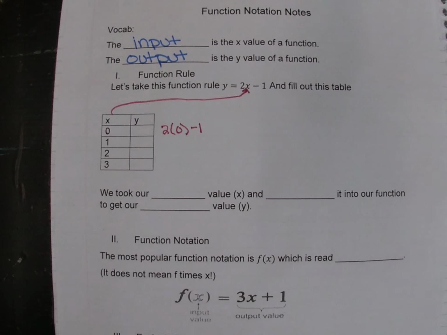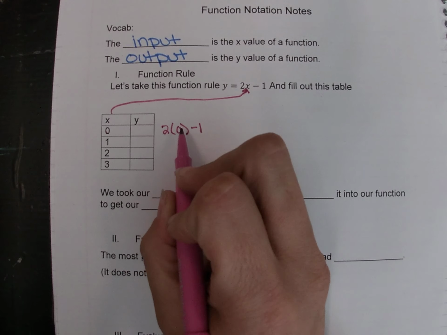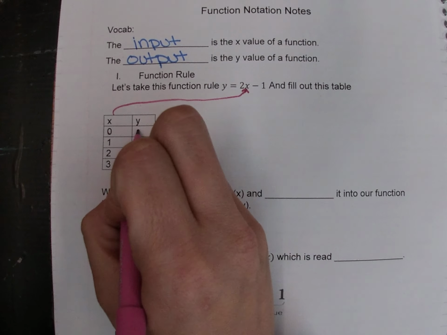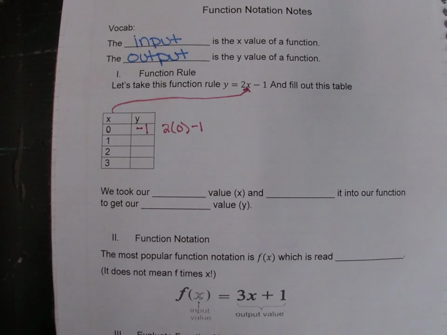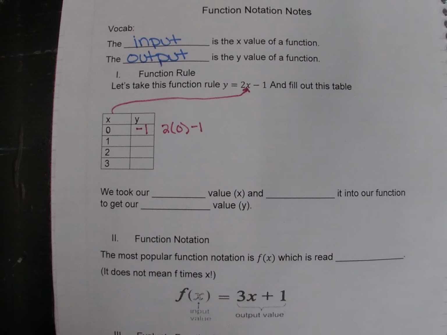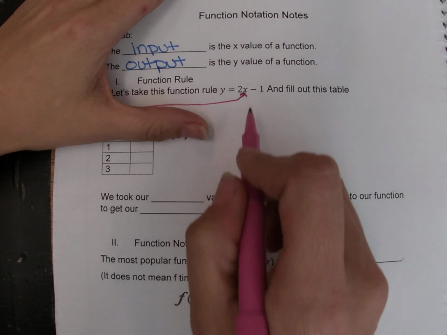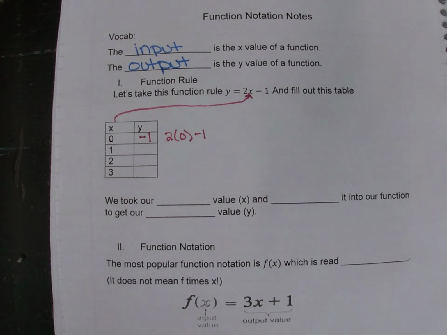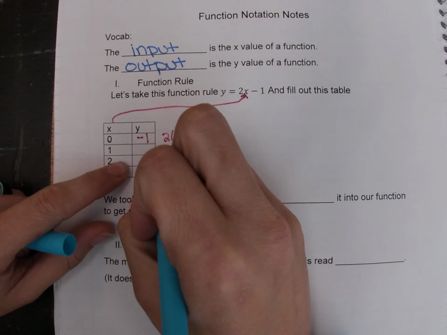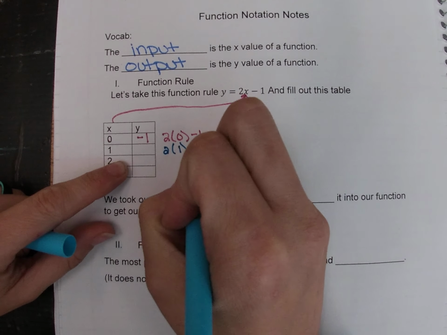Then either using a calculator or in your head, 2 times 0 is 0, and 0 minus 1 is negative 1. Then we'll repeat the process and do the next one. So this one is completely irrelevant, and we're going to start over with a new one. Now instead of saying 2 times x minus 1, we're going to say 2 times 1 minus 1.